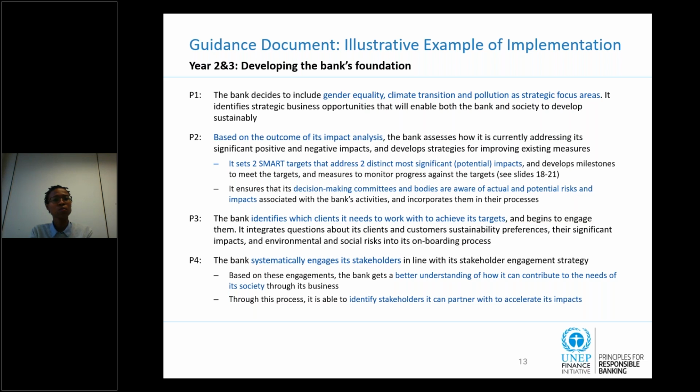On principle number 4, again in year 2 and 3, the bank systematically engages its stakeholders in line with its stakeholder engagement strategy, which was built in year 1 from mapping out their stakeholders. Based on these engagements, the bank gets a better understanding of how it can contribute to the needs of its society through its business. Through this process, it is able to identify stakeholders it can partner with to accelerate its impacts.